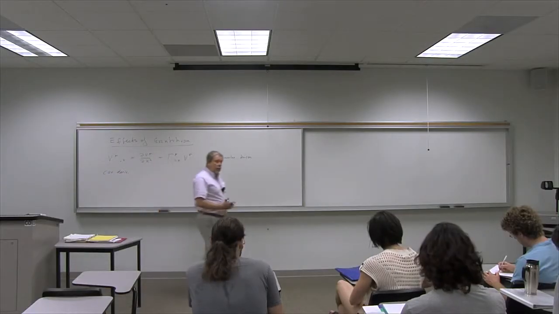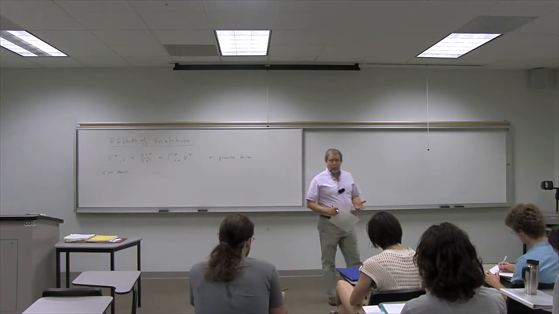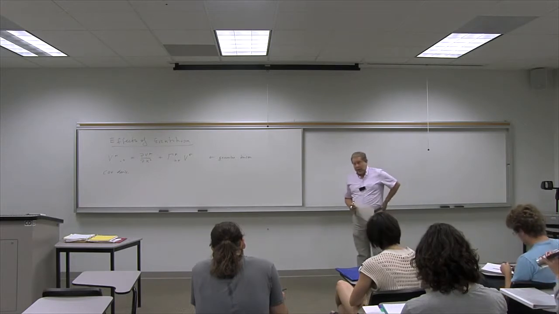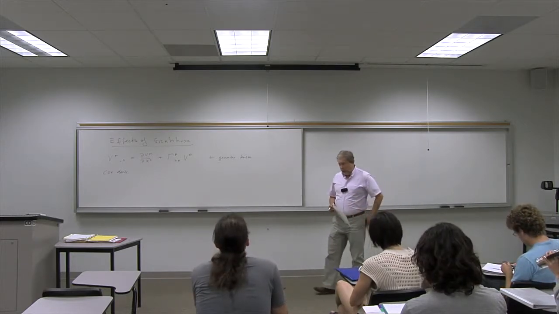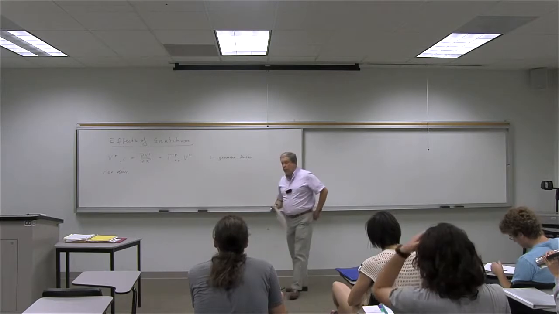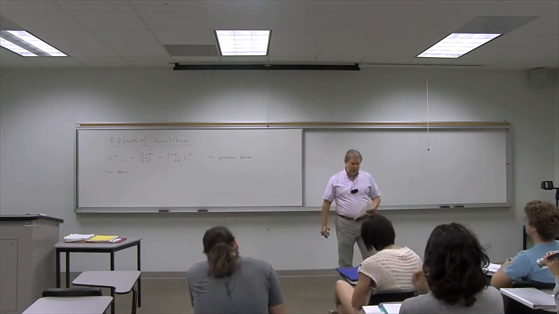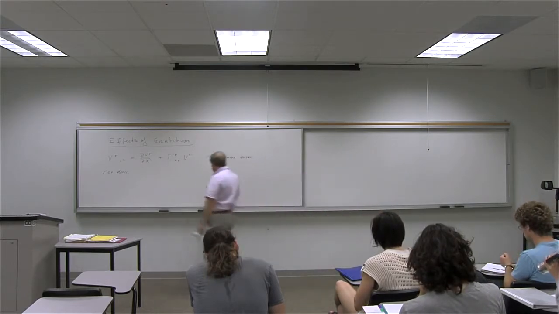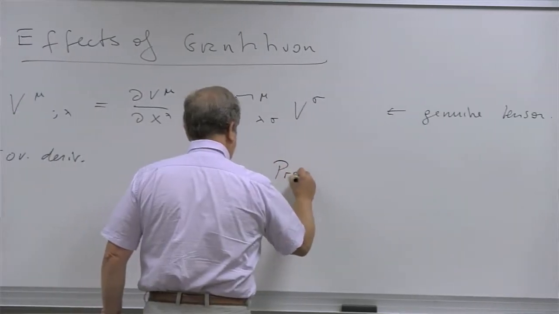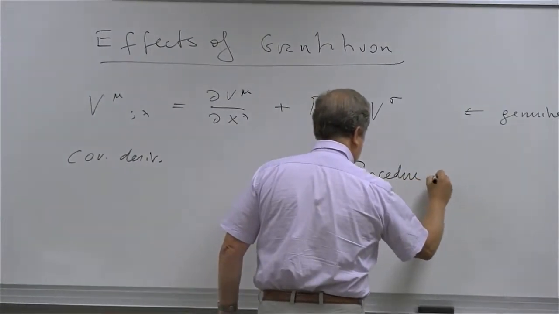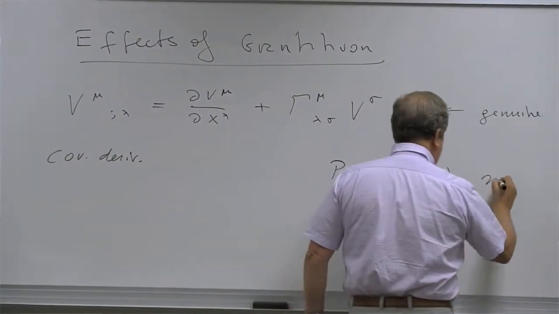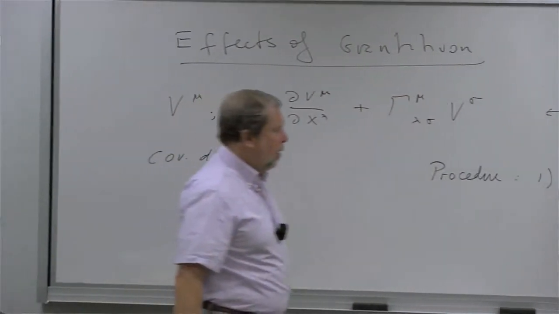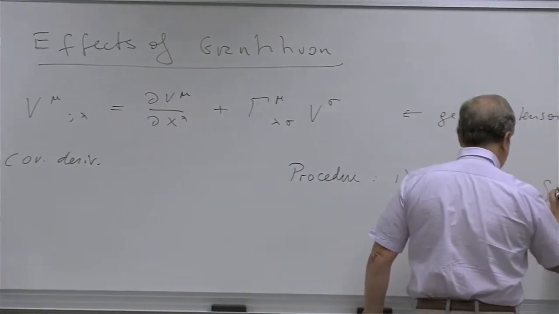So now we go back and look at the repertoire of equations that we wrote down in the case of special relativity and see how and in which way we can promote those equations to a form that is acceptable as far as general relativity is concerned. The procedure is going to be, first of all, replace the metric eta alpha beta that we had in special relativity by g mu nu.